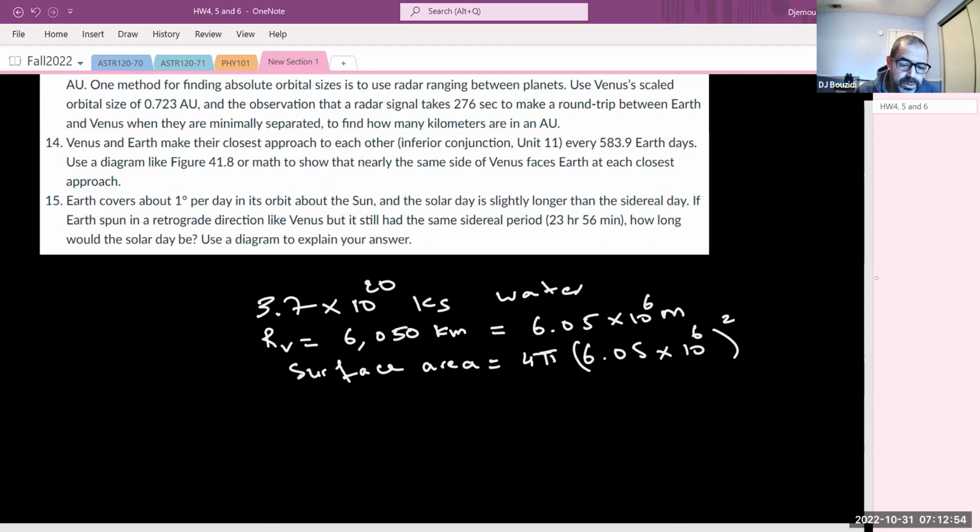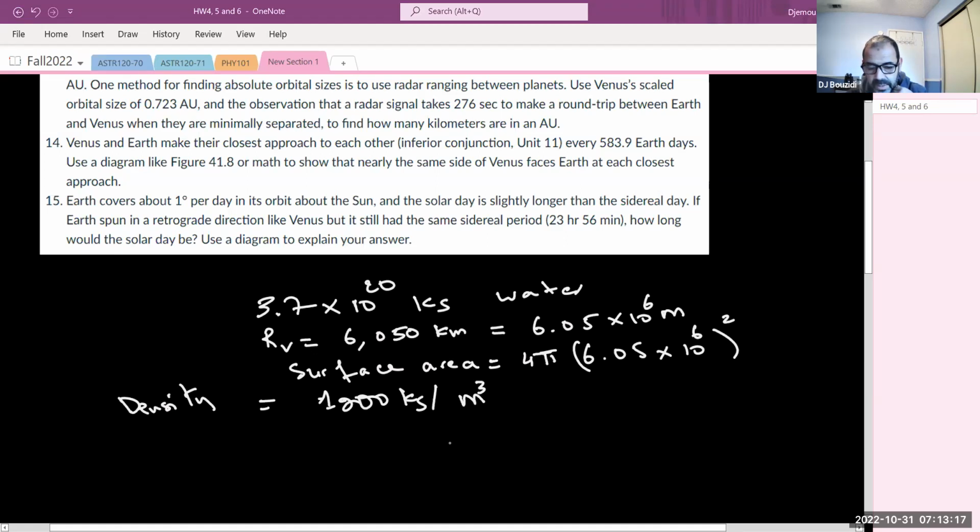Now I have this much water on the surface of Venus. Another thing that you need to know is the density of water. This is a known fact that the density of water is 1,000 kilograms for every cubic meter.